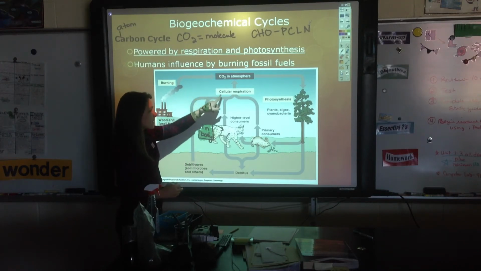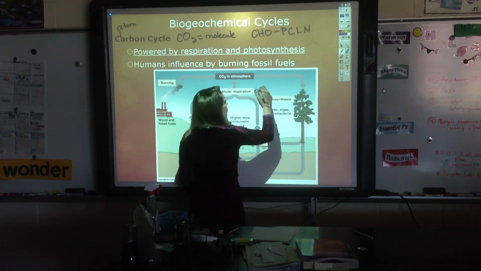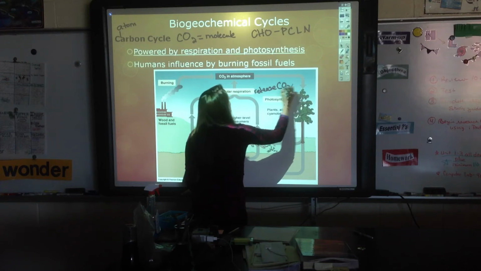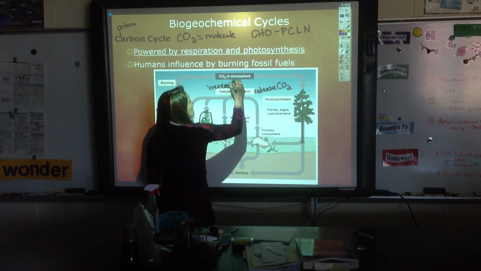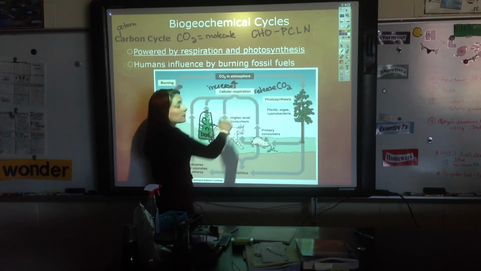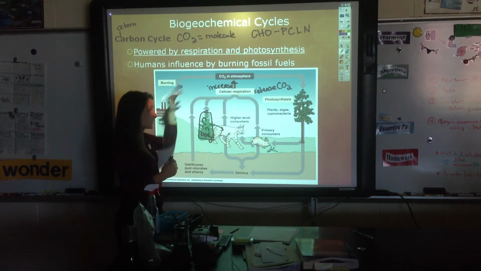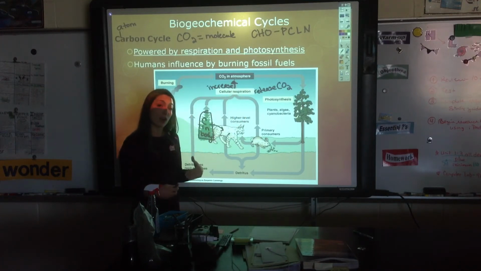Now, when living things perform cellular respiration, it's going to release CO2, or increase the CO2 in the atmosphere, the gases that are invisible to us. So when we perform respiration, when we break down carbs to get energy for our body, we're releasing CO2.